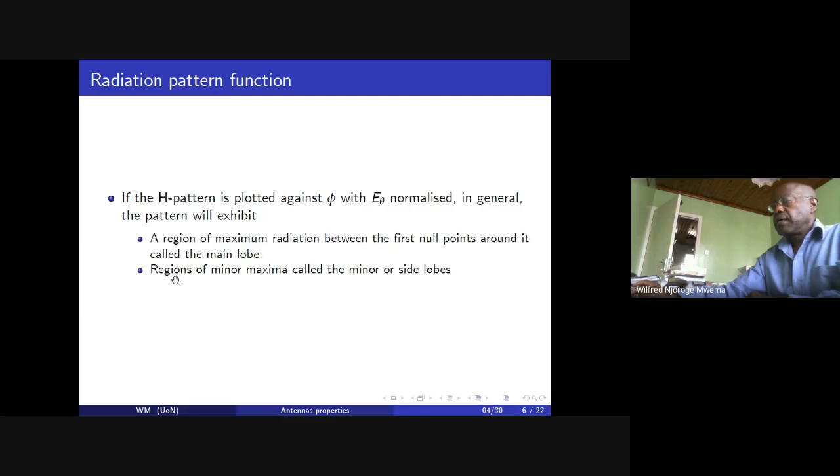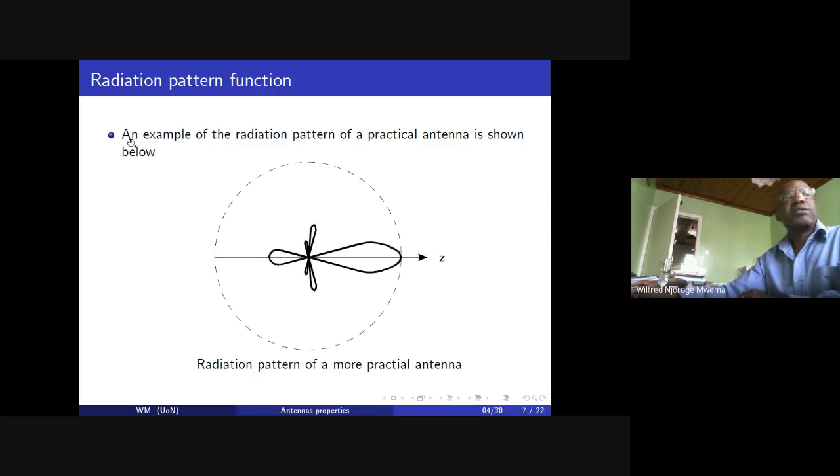So regions of minor maxima will be called the minor or side lobes, and we can show an example of a case where, for example, we put a very long antenna, and therefore we get a backward lobe, which is a maximum one. In many cases, you don't want this to happen, and therefore there will be a figure of merit or a performance figure, which will be the ratio of the forward lobe to the backward lobe, called the front to back ratio. And this is very important.